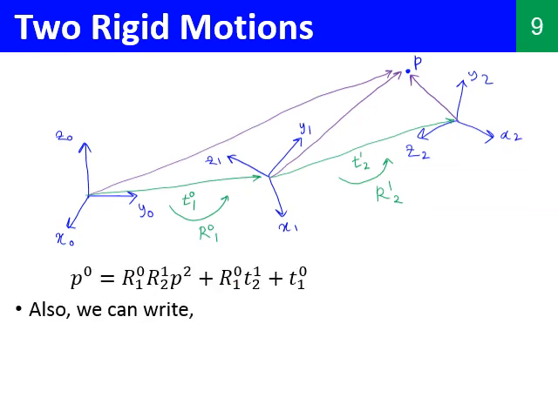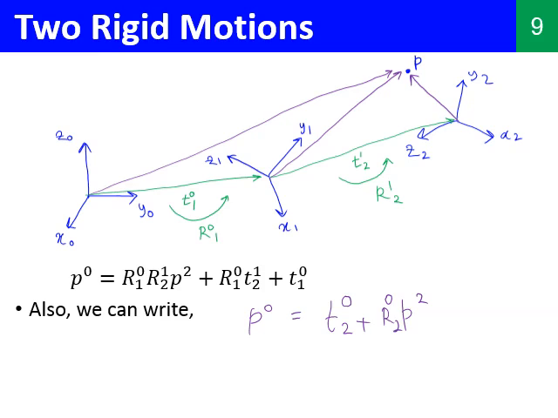Now we could have bypassed frame number 1 altogether, and we could have written P0 to be T2 vector, that is the vector of origin of frame number 2 in frame number 0, so you use the 0 superscript, plus P2 vector rotated to frame number 0. We could have written that equation as well, just forgetting about frame number 1.